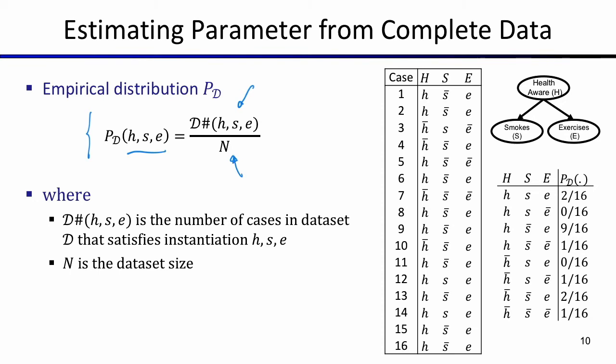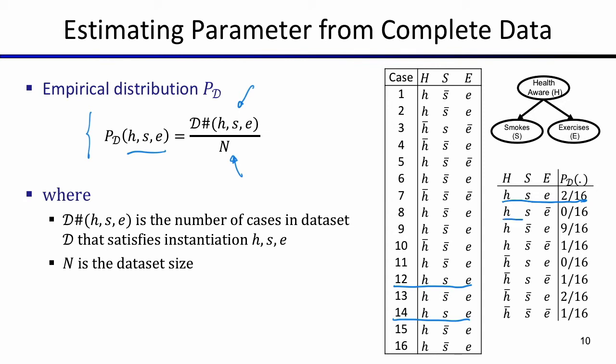For our example, this entry here corresponds to a person that is health aware, smokes, and exercises. So we have two different cases that gave origin to this probability here, 2/16.